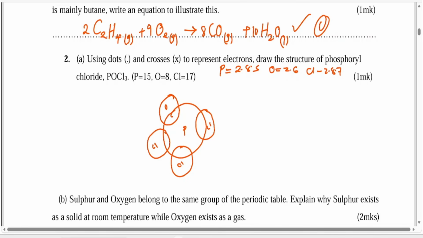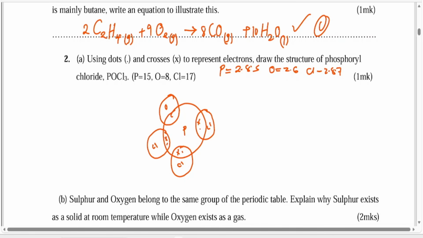Phosphorus reacts by gaining 3 electrons, and therefore we are going to fill chlorine. Chlorine will contribute 1 electron and gain 1. Chlorines contribute 1 electron and gain 1.